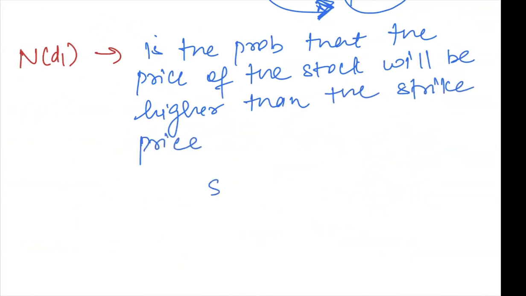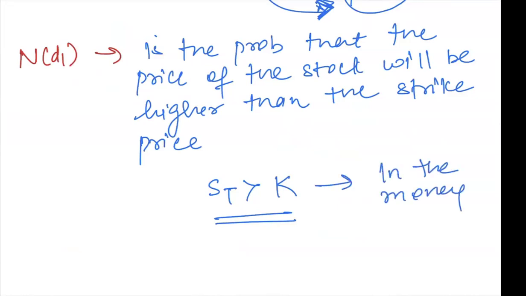So tell me one thing, when is the stock price higher than the strike price? This is in the money, right? In an in the money option, the stock price is always greater than the strike price. So what we are trying to find is the probability that the option contract will be in the money. We can say ND1 is the probability that the price of the stock will be higher than the strike price.